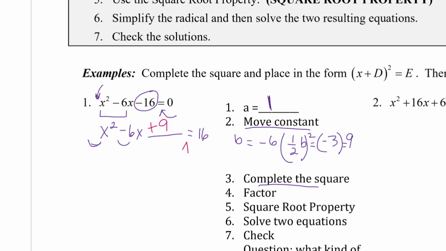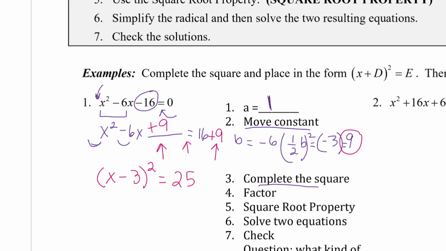Because we have an equation, if we add a 9 to one side, we have to add it to the other side. When we find b, divide it by 2, and then square it, that new number gets added to both sides of the equation. Okay? All right, then we're going to factor on the left. So that's x minus 3 squared equals, over here we have 25.